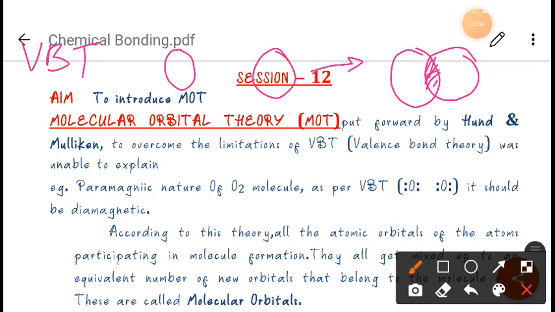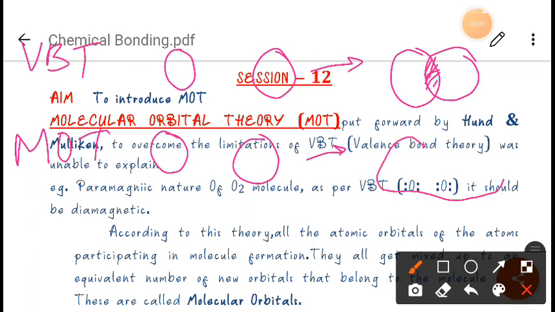But according to molecular orbital theory, MOT, when these two s orbitals combine, they will combine like this, and there will be positive charge here, and electrons are free to move anywhere within this area. According to valence bond theory, the electrons can move only in this local area, but according to molecular orbital theory, the electrons can move anywhere in this region. So this was the first feature.